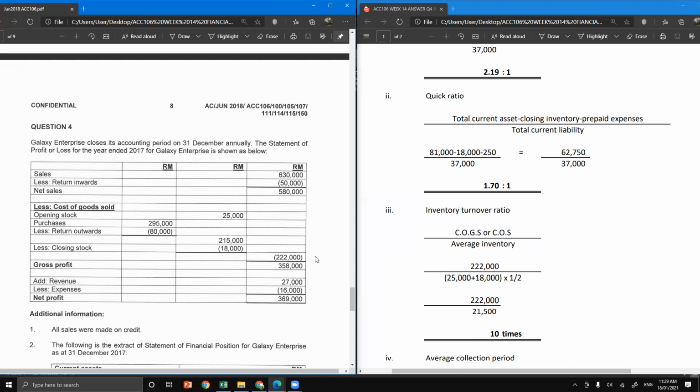Opening inventory is 25,000 ringgit and closing inventory is 18,000 ringgit. So 25,000 plus 18,000 times half gives you 21,500. So the cost of sales of 222,000 ringgit divided by average inventory of 21,500 ringgit equals 10 times.